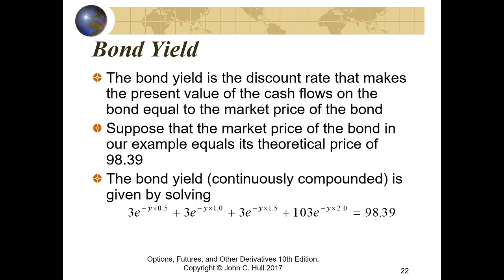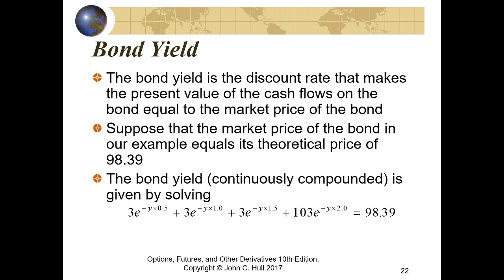Now, how can we get the bond yield if we know this is the formula to find the yield? Unfortunately, we cannot solve it algebraically because y is an exponent in more than one component of the formula here.